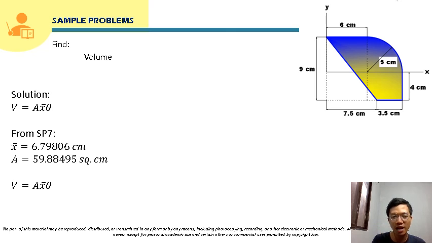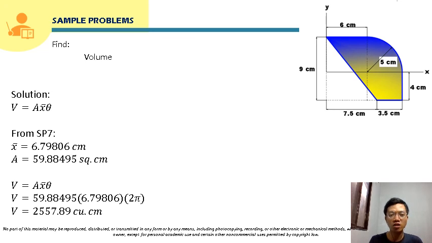V is equal to A times x bar times theta. So our area is 59.88495 times x bar, which is 6.79806, times the theta or the revolution, which is 1 revolution, and that is 2 pi. So solving for the volume, that will be 2,557.89. The unit for this is cubic centimeter. So this will now be the answer for this problem.